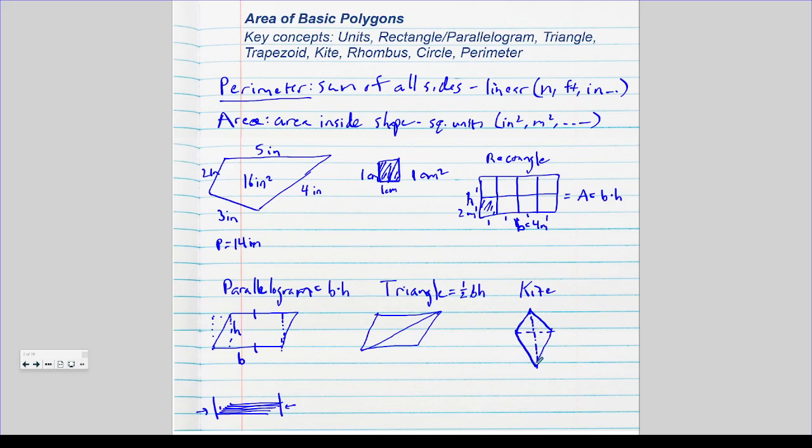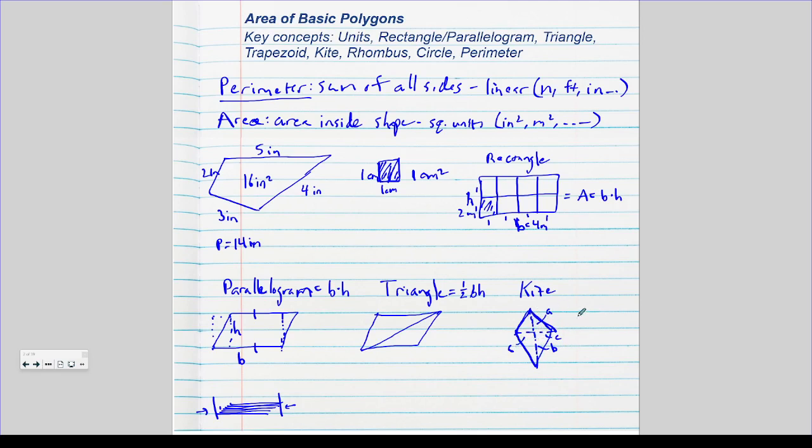The way to think of a kite or a rhombus, since a rhombus is a type of kite, is based on these diagonals that are dividing the shape into triangles. So if we look at just the top half, so just these upper 2 triangles, let's call this length A and this length B, and then this length C. And then we'll refer to its diagonals a little later.